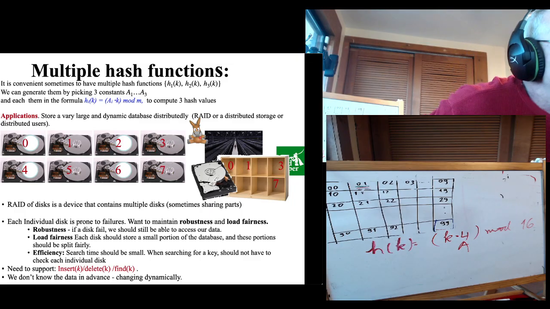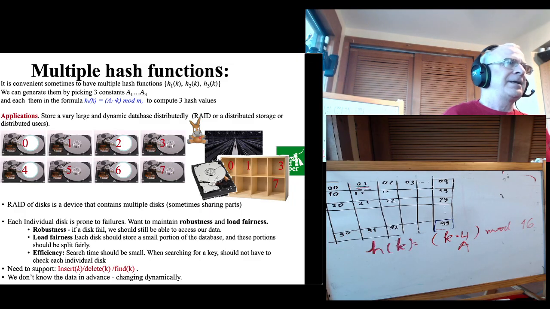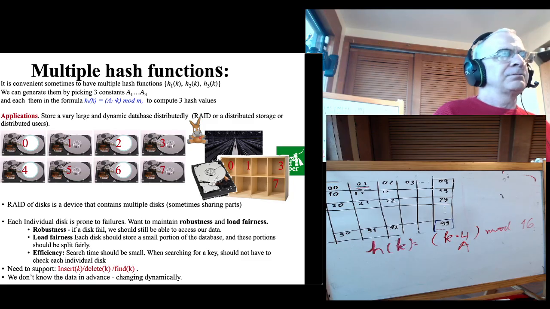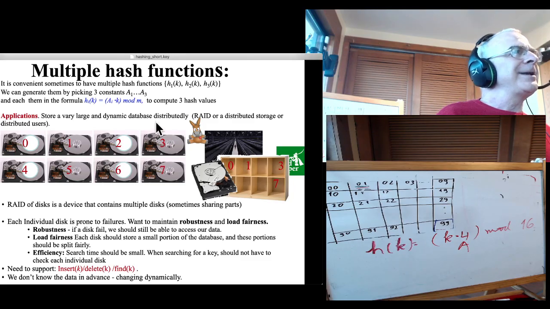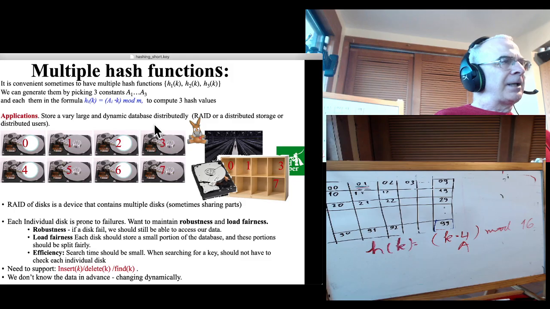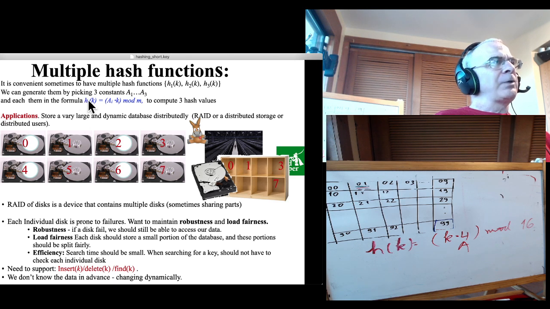If you think about Kazaa in its very first days, or think about lots of more legal distributed databases, you want the same item of data, the same key, to be stored by several users.